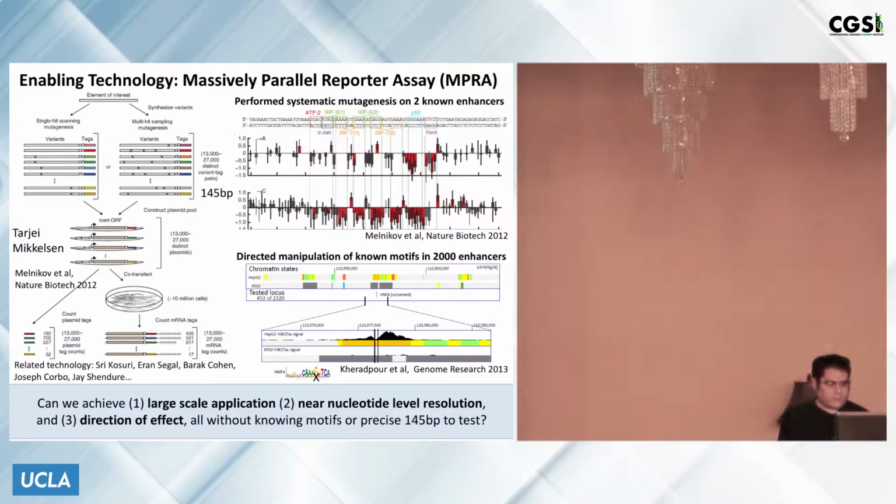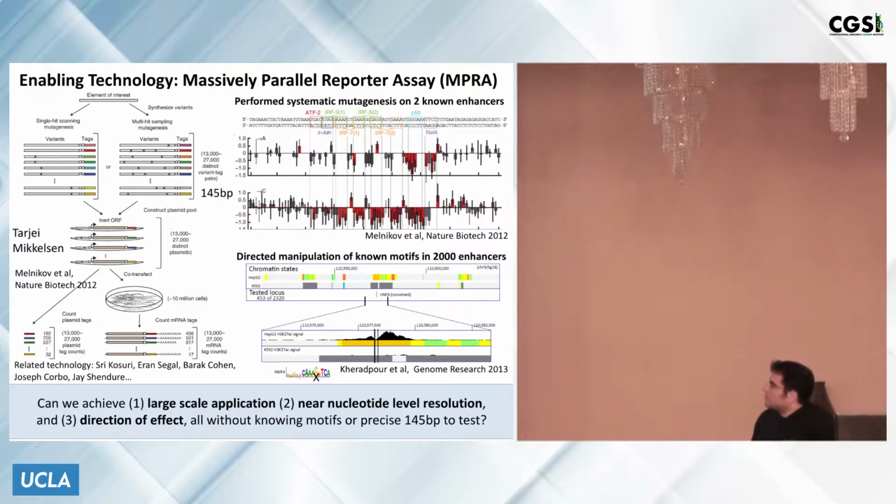The enabling technology for this work is something called a massively parallel reporter assay. This specific technology I'm showing you was developed by a collaborator of mine, Tarjei Mikkelsen, and a number of other groups developed closely related technologies at the same time. How this works is one can synthesize DNA sequences that one is interested in testing for the ability to drive gene expression. In this specific design, thousands or tens of thousands of DNA sequences can be synthesized and placed upstream of a reporter gene, and then you have a unique barcode in the 3' UTR.